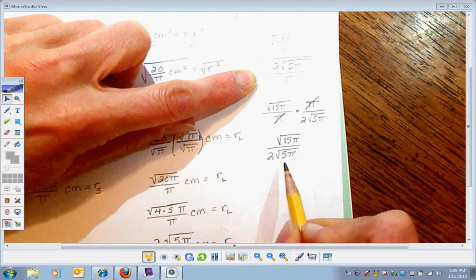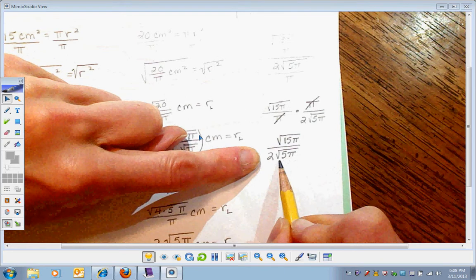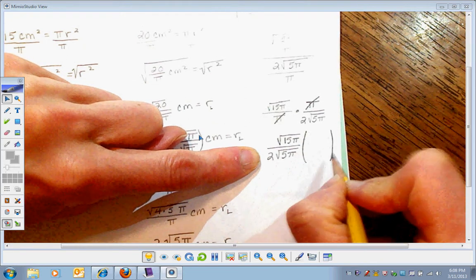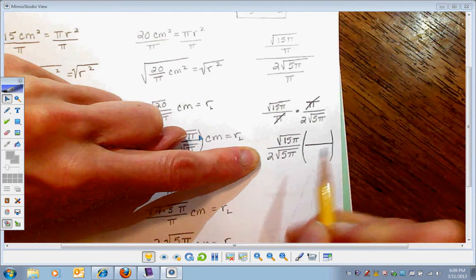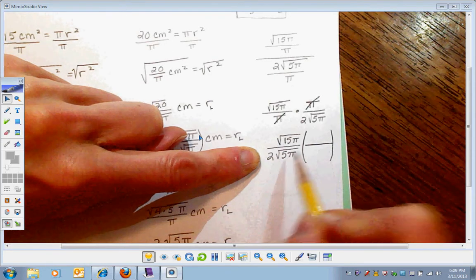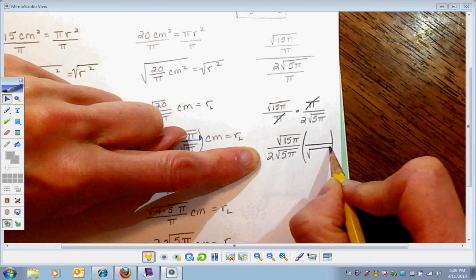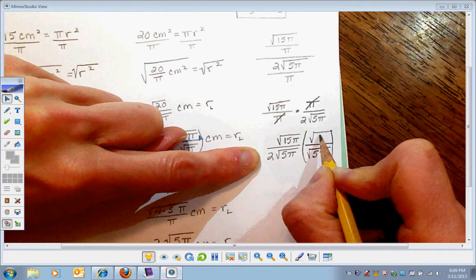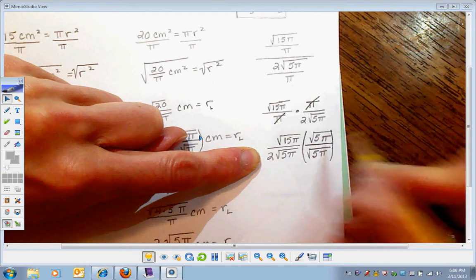But remember, I cannot have a radical in the denominator. So I have to multiply this by my magic number 1. I want to get rid of this square root of 5 pi. So I multiply it by the square root of 5 pi in both the numerator and the denominator.